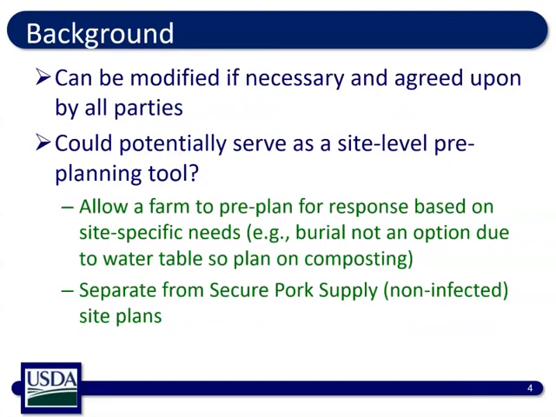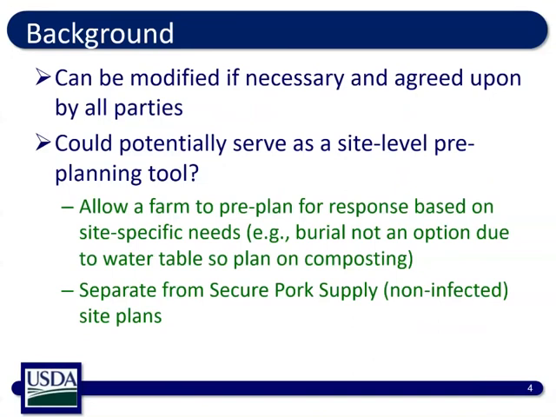A herd plan can be modified if necessary. If the farm, the state animal health official, and the AVIC set out to create a plan for this farm and something's not going well or needs to be modified, the herd plan can be changed throughout the process. It just has to be agreed upon by all of the parties who sign off on it.